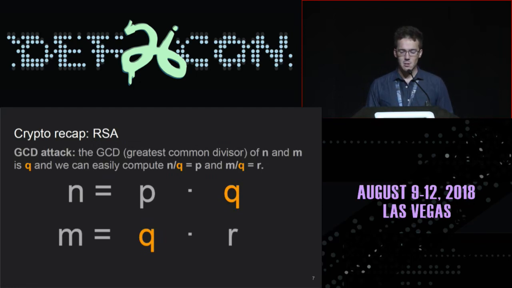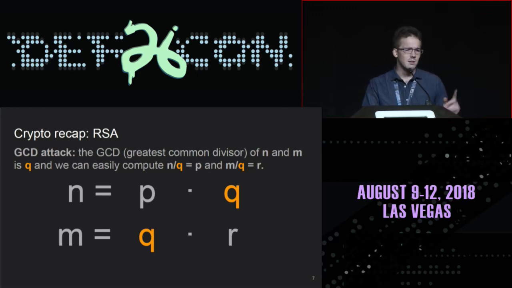But what happens if somebody else generated another public key M using the same prime Q as you did? So let's say he has a key Q times R equal to M. You can actually really easily find the greatest common divisor of both N and M. That's called the Euclid algorithm, and that's easy peasy. So that's really bad for RSA.